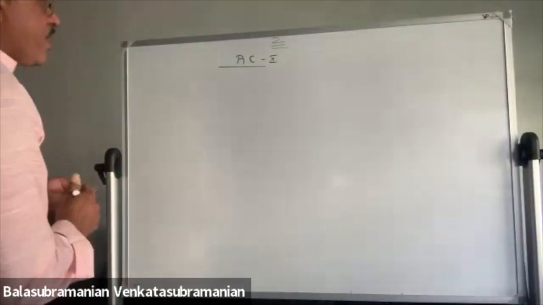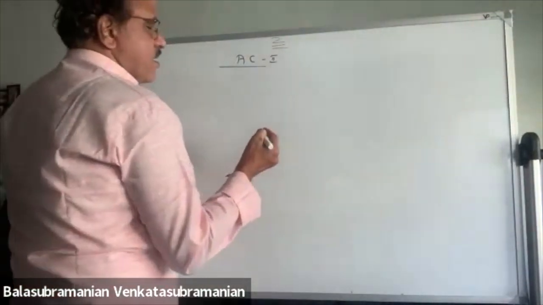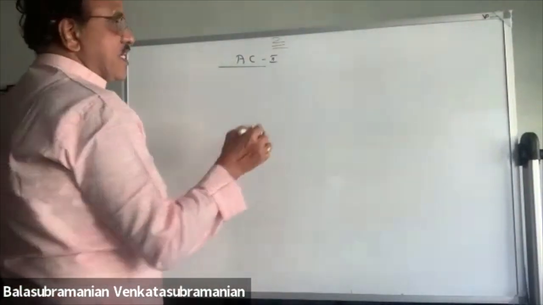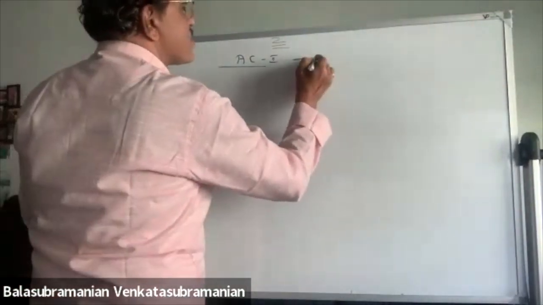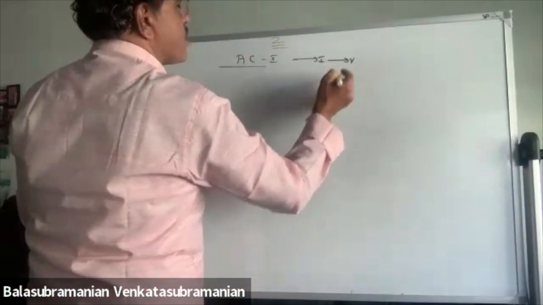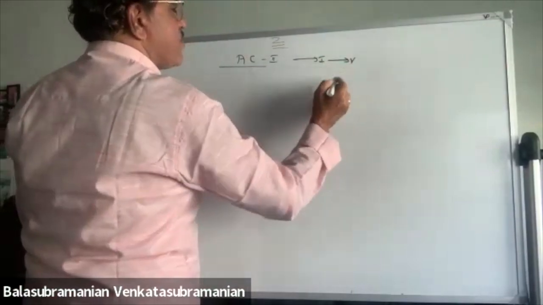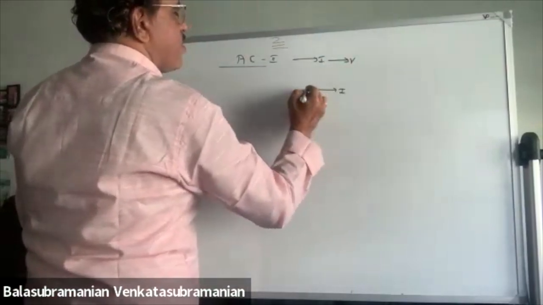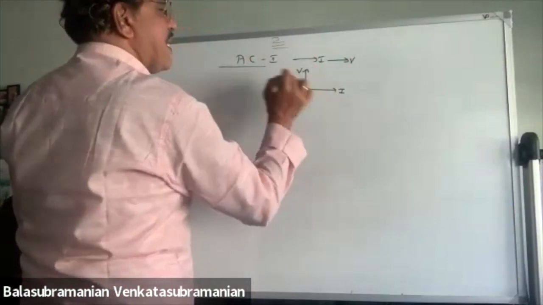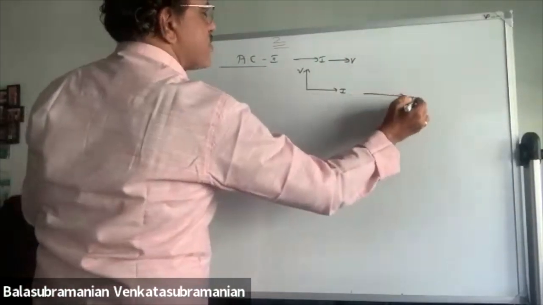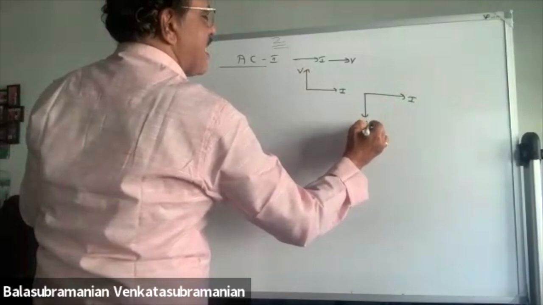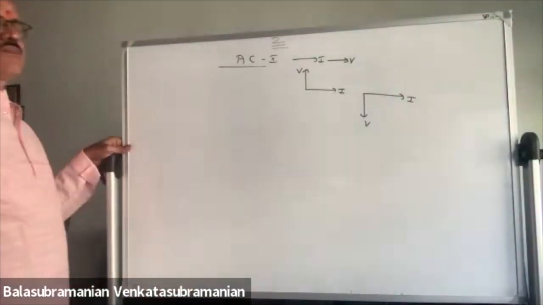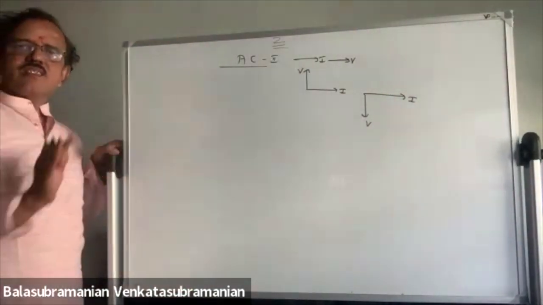So before going to RLC, for resistance, current and voltage are in the same direction. For inductor, voltage is leading. For capacitor, voltage is lagging behind the current. So keep those three things in mind.